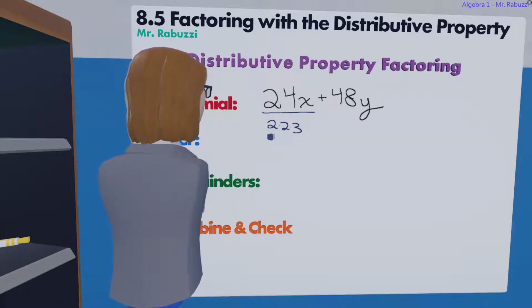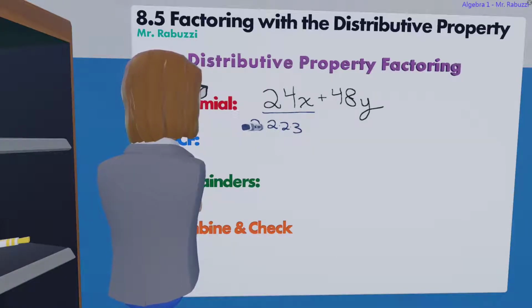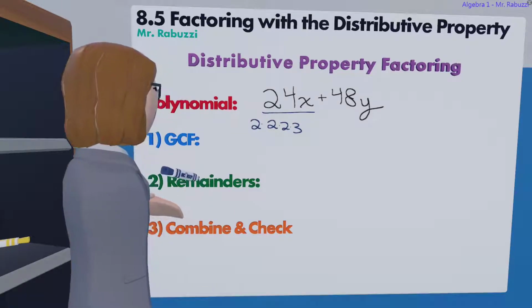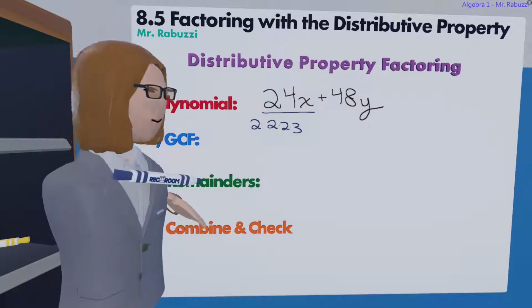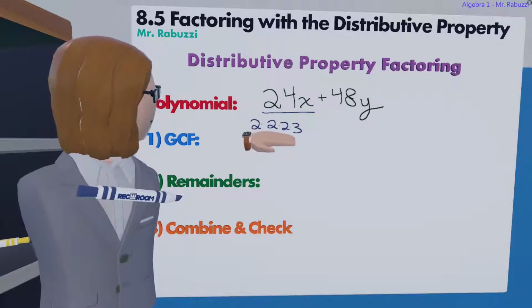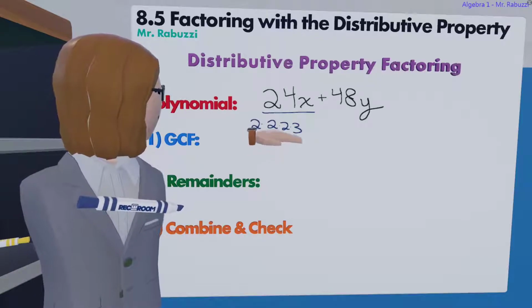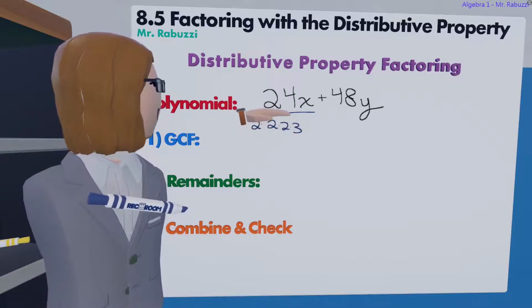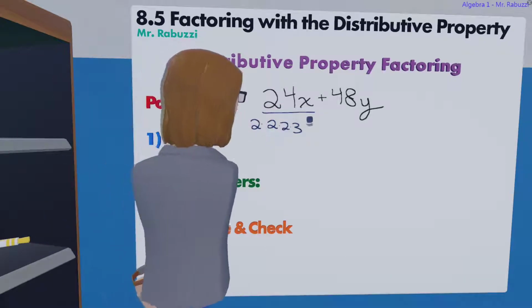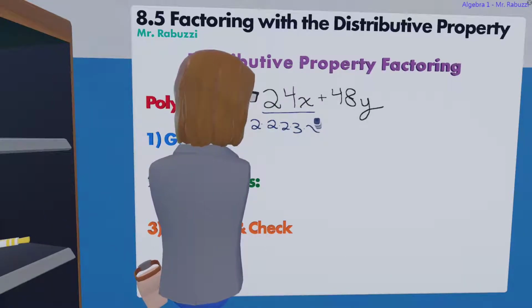So that's my 12, and I just need one more multiple of 2 to get back to 24. If you do your factoring tree, you should get 2 times 2 times 2 times 3 makes 24, and then the x at the end.